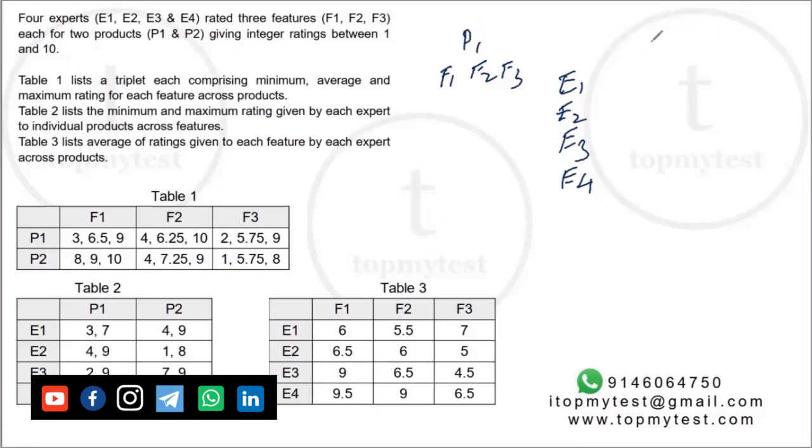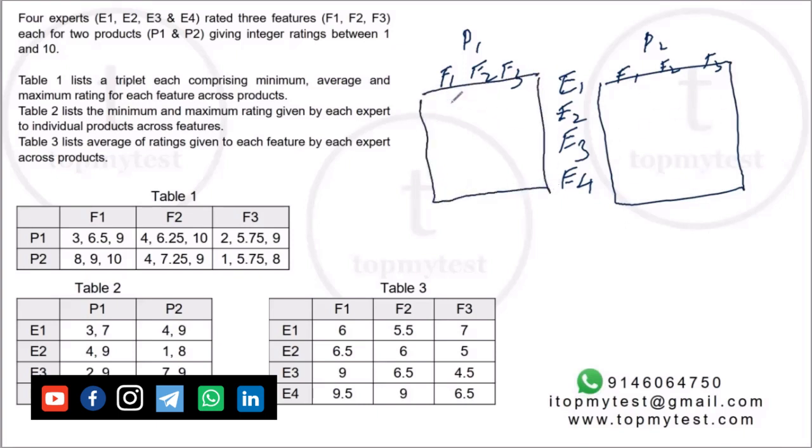And similarly for product 2 also, they are listing out features F1, F2, F3. So you will have 4 into 3, 12 points, and 4 into 3, 12 points. So you will have 24 data points which are available to you. And this is the summary of those 24 data points, right?